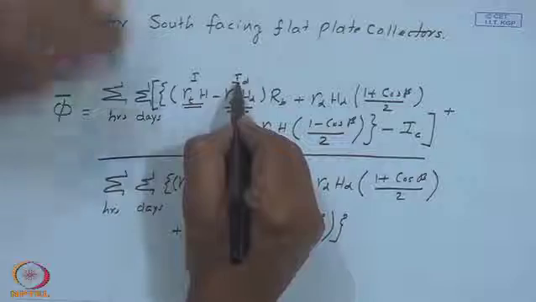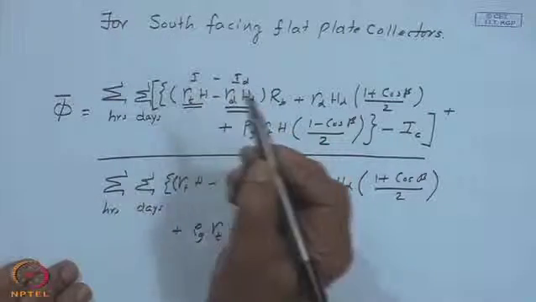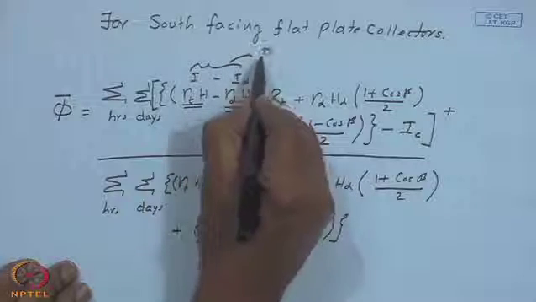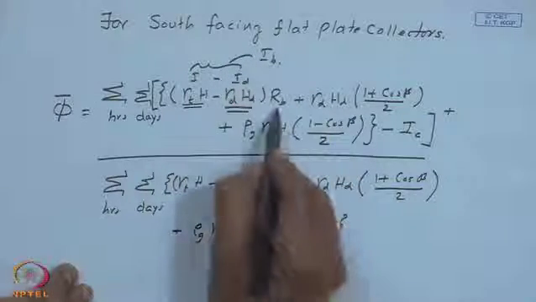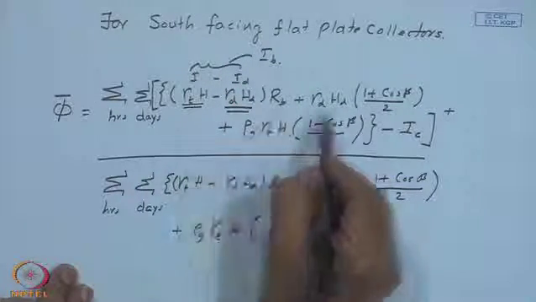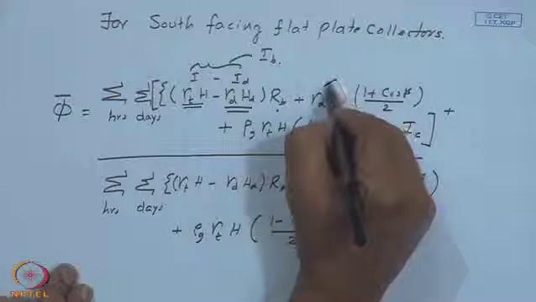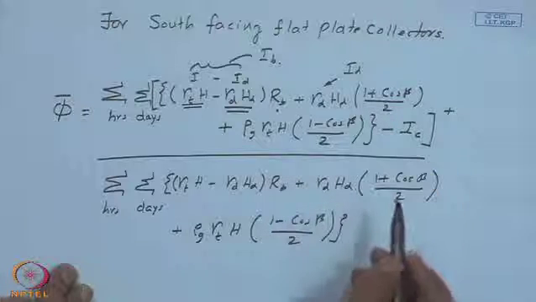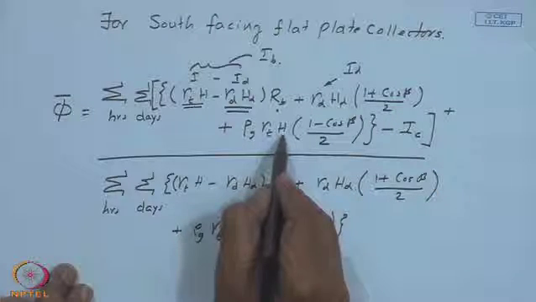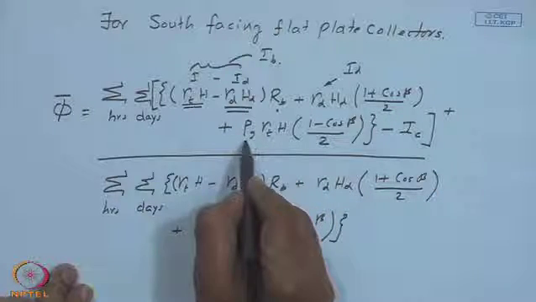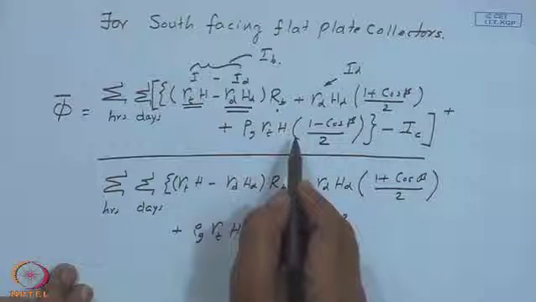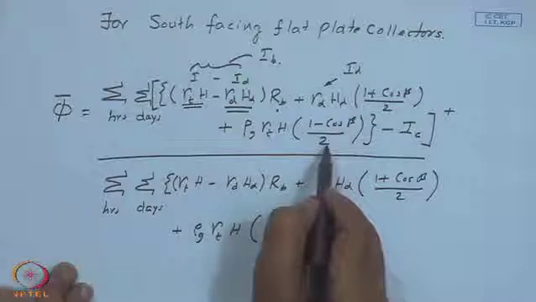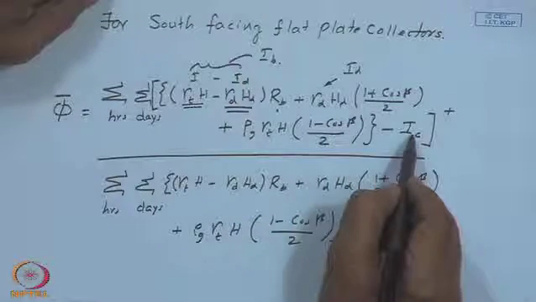So, this makes it I minus I d, which is nothing but my I b, the direct radiation, multiplied by the tilt factor, and R d into H d is again nothing but I d times 1 plus cos beta by 2. R t into H is I multiplied by rho, the ground reflectance, will give me the ground reflected component multiplied by the corresponding view factor 1 minus cos beta by 2, minus I c.